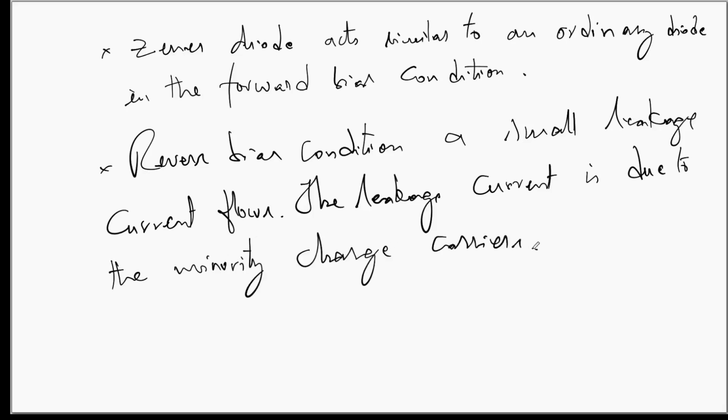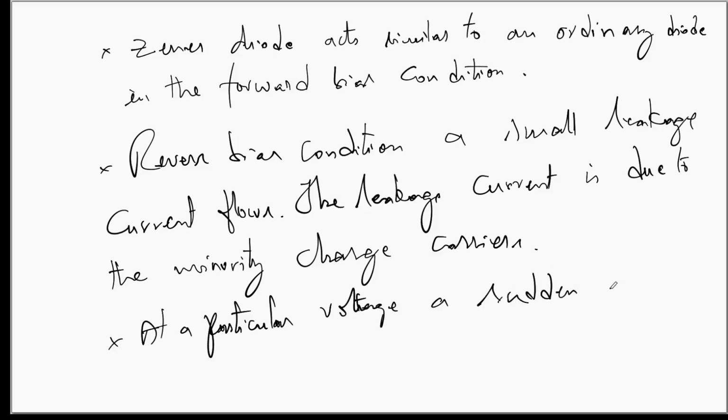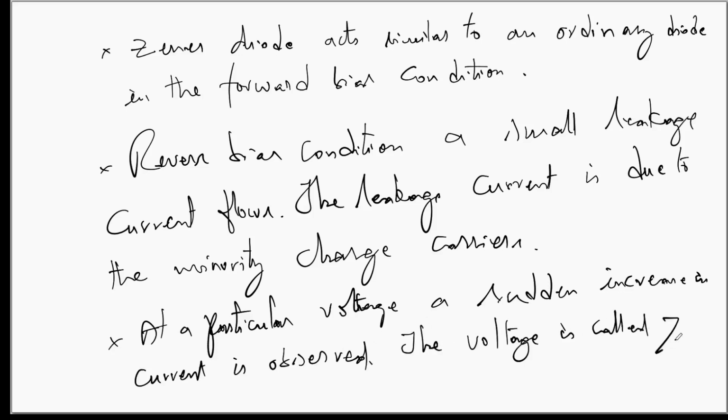At a particular value of the reverse voltage, the current increases suddenly. The voltage is called the breakdown voltage or the Zener voltage, represented with a V sub Z. A Zener diode can be designed to have a specific value for the Zener voltage, that is Vz.